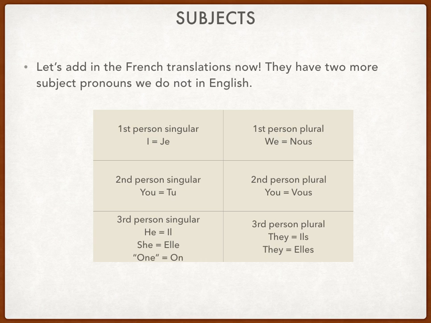In that il, elle column, or box, we're going to add the one on, meaning one. The plural column is all new to you. So for we, we're going to say nous. Second person plural you becomes vous. And third person plural, we have 2 different words for they. We have ils and elles.